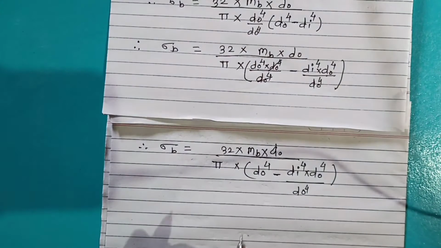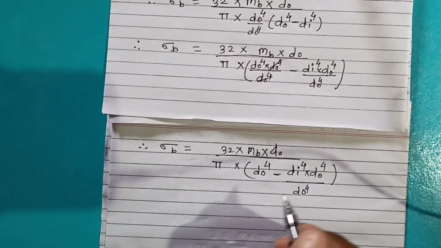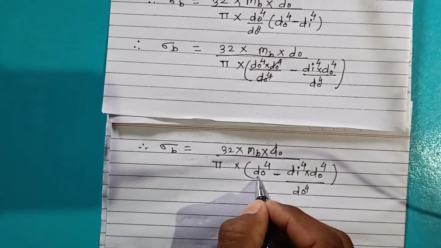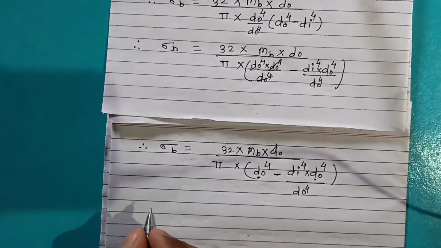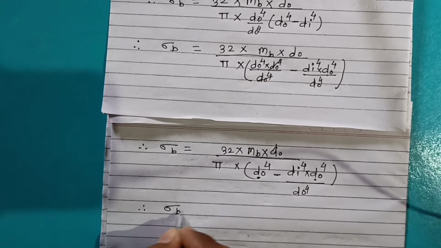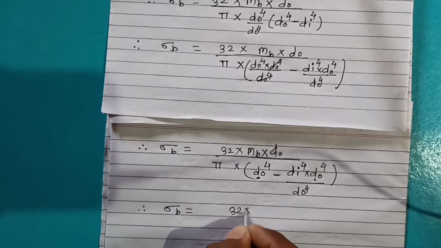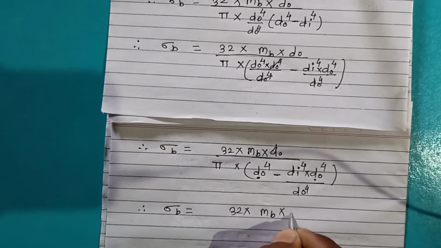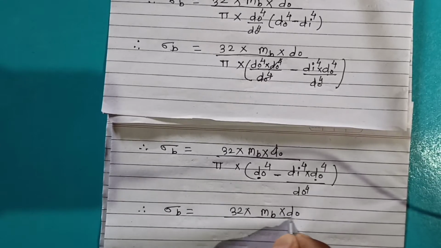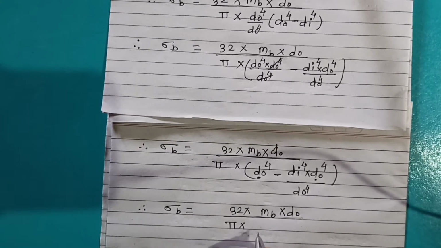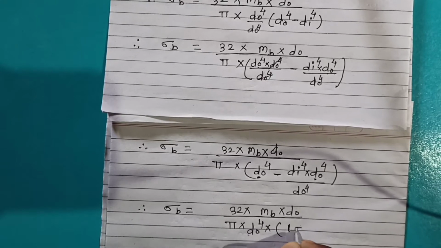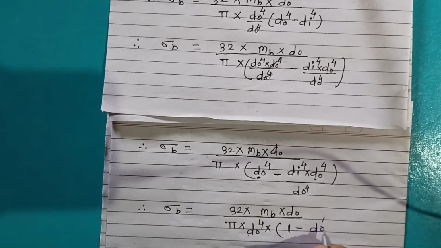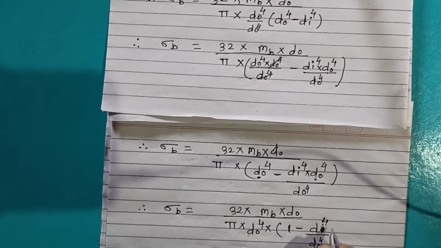This term is remaining. Now in both terms, I will take common do raised to 4. This is available at both points. Now sigma b is equal to 32 into Mb into do divided by pi into do raised to 4 in bracket 1 minus di raised to 4 divided by do raised to 4.